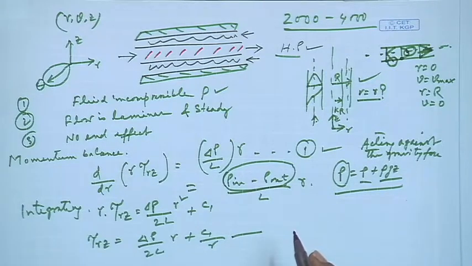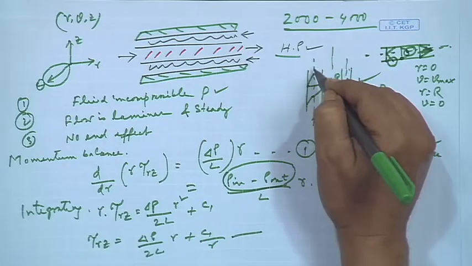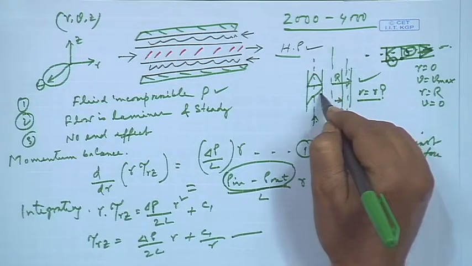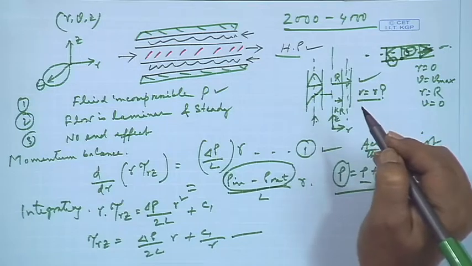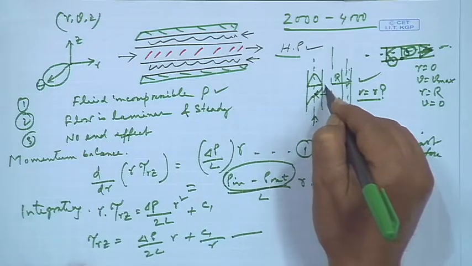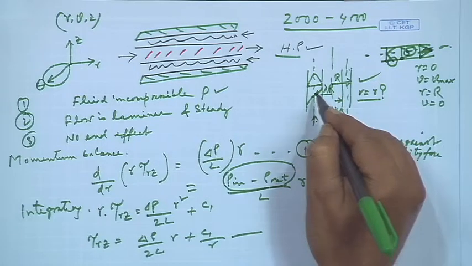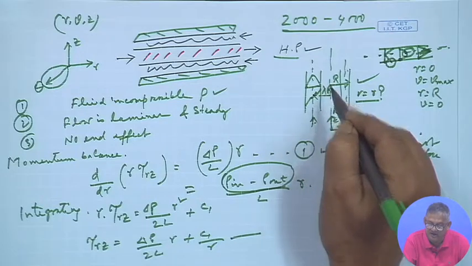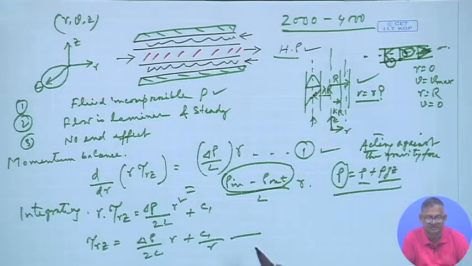So, in order to solve this kind of problem, what is done? We are assuming an imaginary r, say lambda r, where this velocity becomes maximum. If the velocity becomes maximum at the point lambda r, then we can put the boundary.